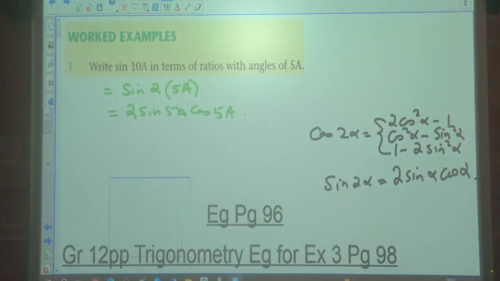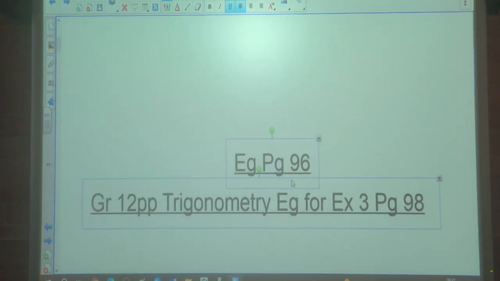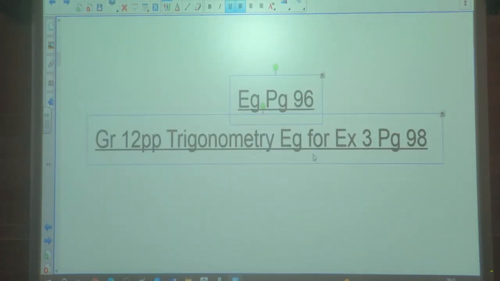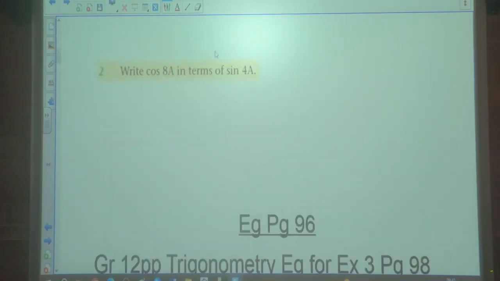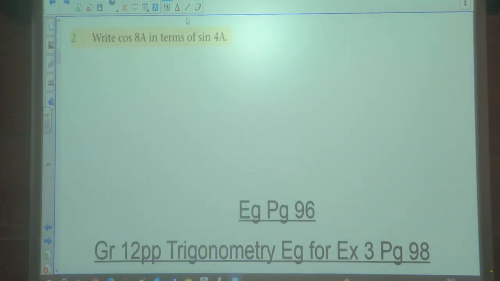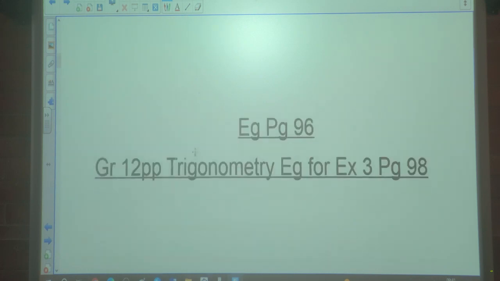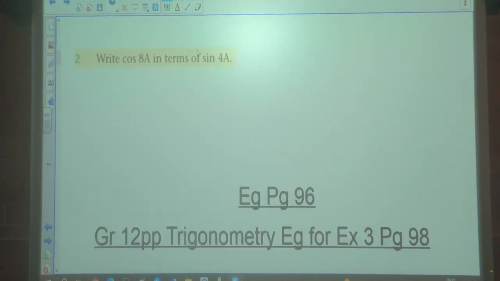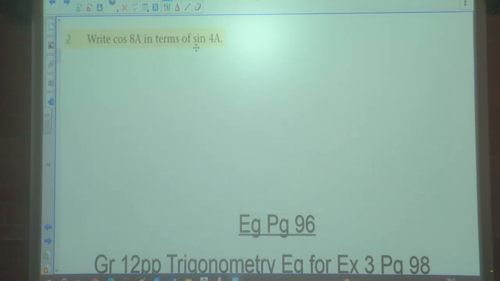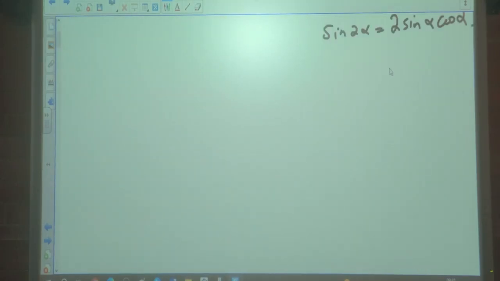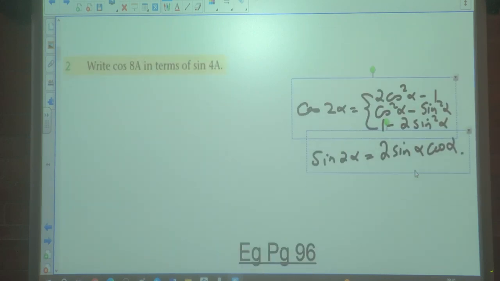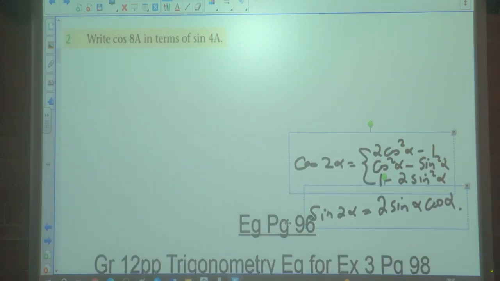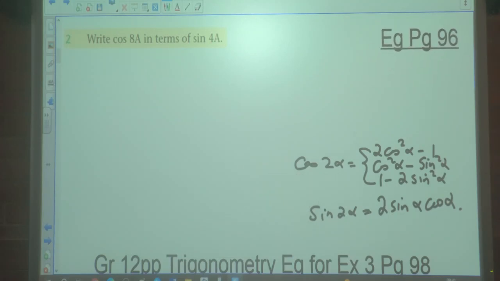Example 2. We are just reminded of the double angles we have just derived.